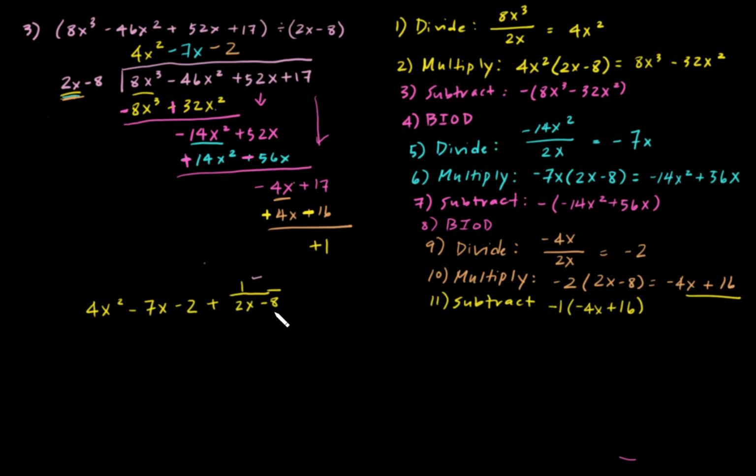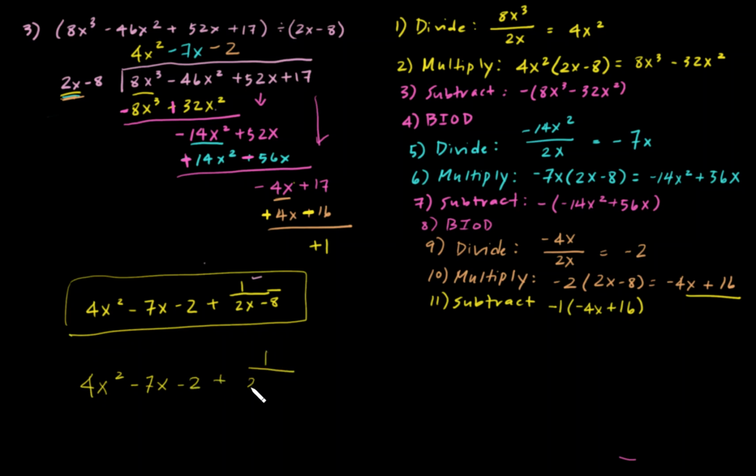I can take out the GCF right here. You can have this as your final answer, or you can have it as 4x squared minus 7x minus 2 plus 1 over 2 times x minus 4, which is the same thing. I'll take both answers. Okay? And that's our final answer.